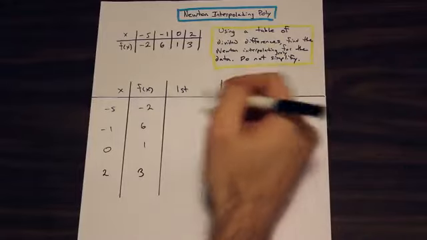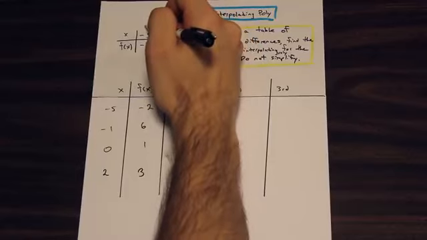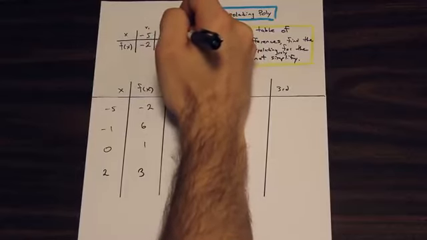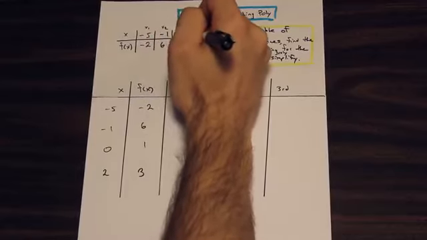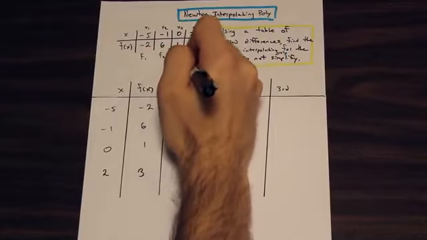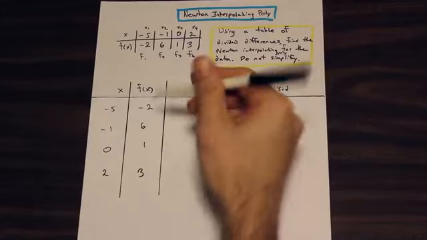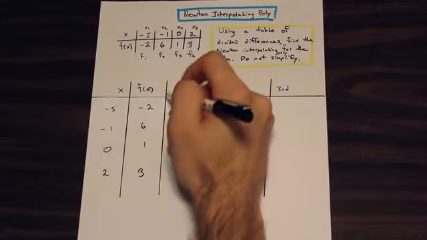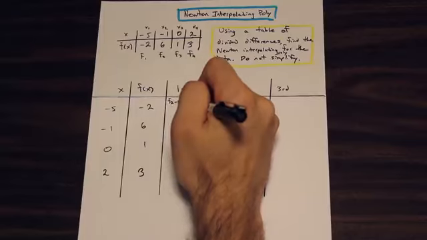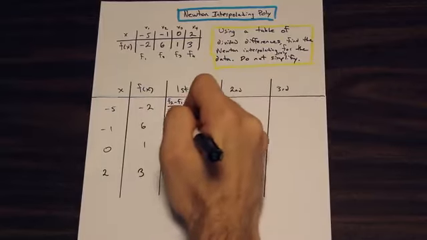Now the formula for finding the differences. I'll label these up here: x1, x2, x3, and x4, and f1, f2, f3, and f4. It's going to be f2 minus f1 over x2 minus x1.